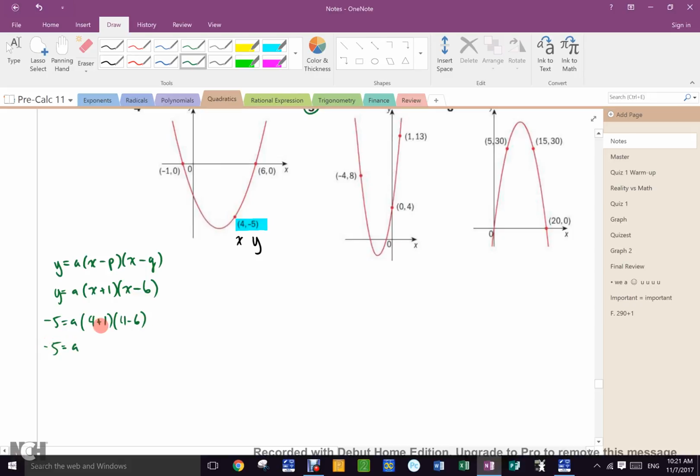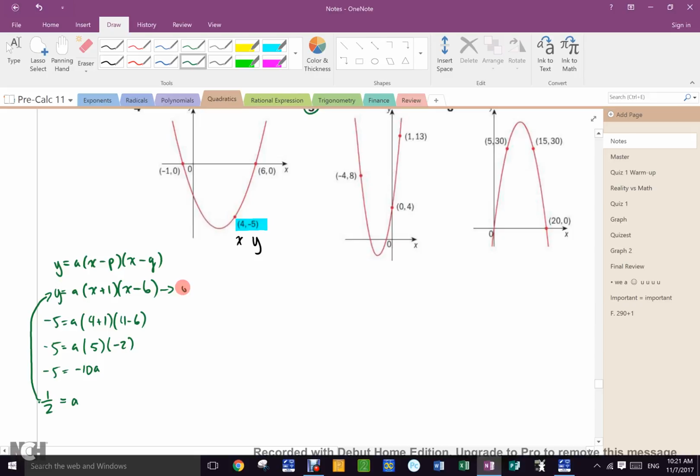Now I do math. Negative 5 equals A. 4 plus 1 is 5. 4 minus 6 is negative 2. What's 5 times negative 2? Negative 10A. Solve. What does A equal? Positive 1/2. Right? So there's my missing A. So I take that up to there.